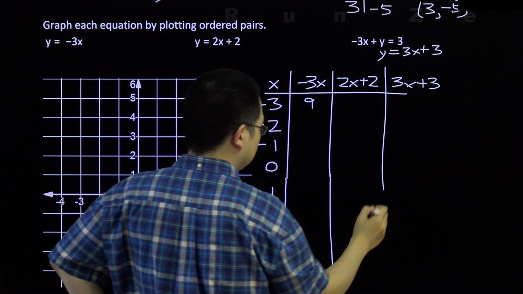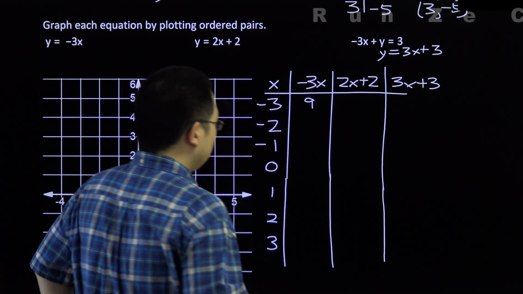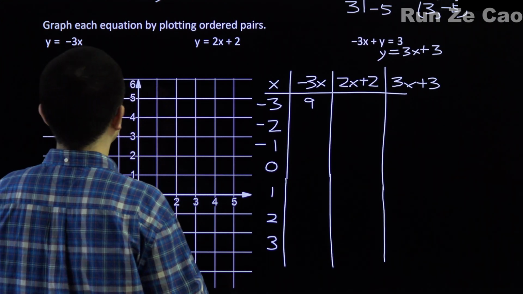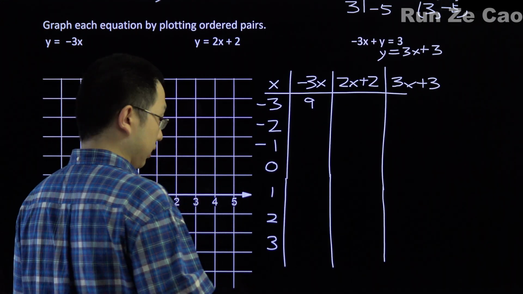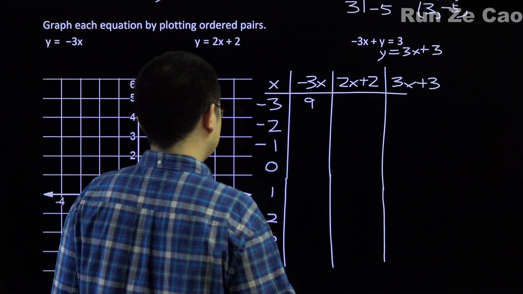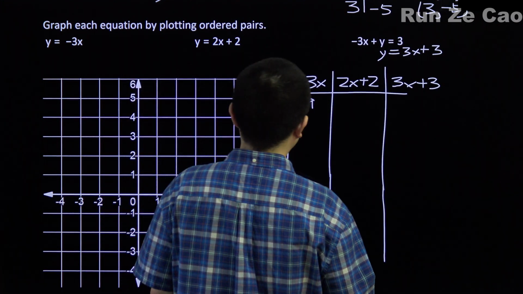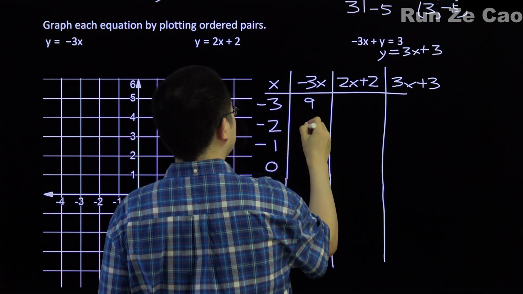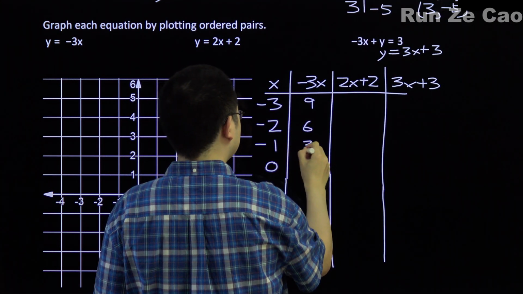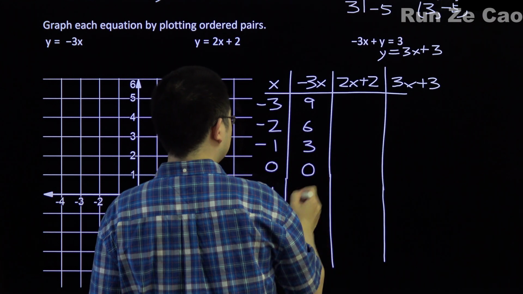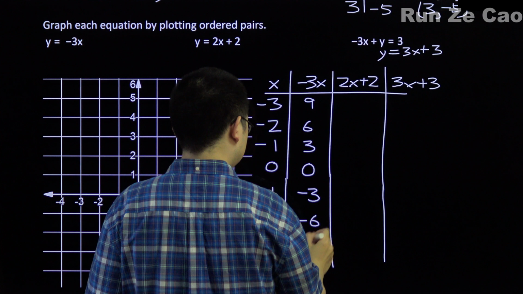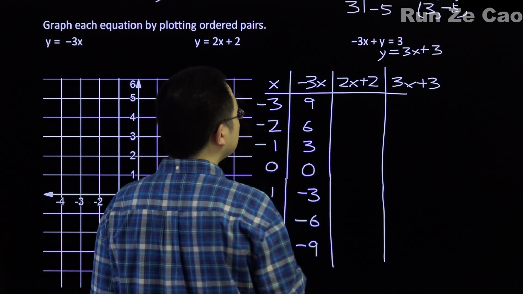Like, you actually only need 2 points to draw a straight line. But considering we have a bit of a ruler issue with this equipment, more points doesn't hurt. So, -2 times -3 is 6, -1 times -3 is 3, and 0 times -3 is 0, -3, -6, and -9.